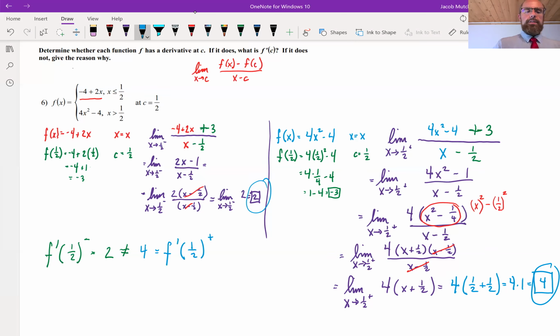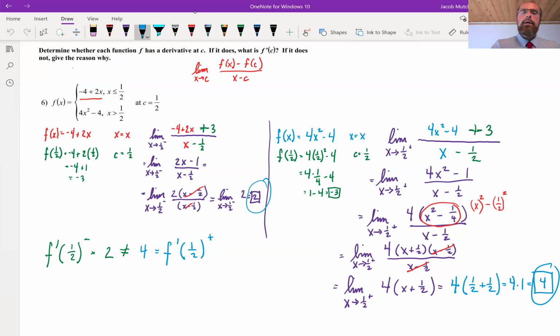And so what we see here is, although this is a less sharp corner, this is not differentiable for the same reason that our absolute value of x squared minus 4 was not differentiable. It's got different limits, different slopes of the tangent lines on the left and the right.